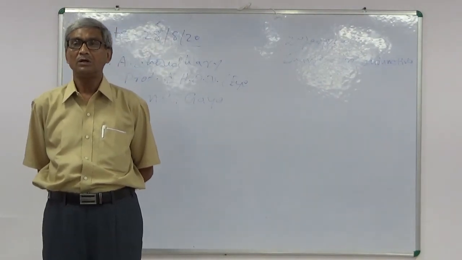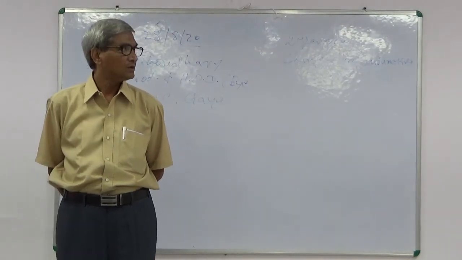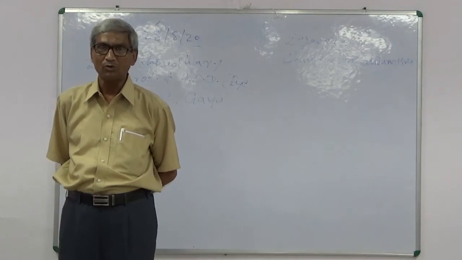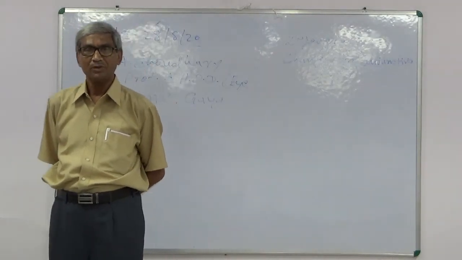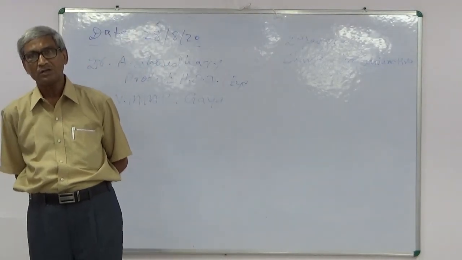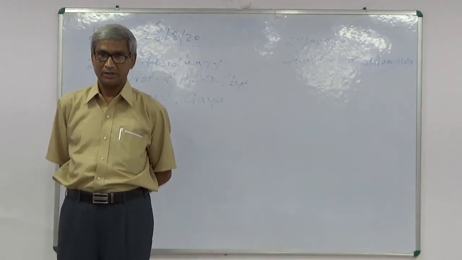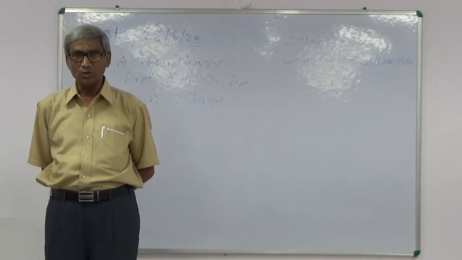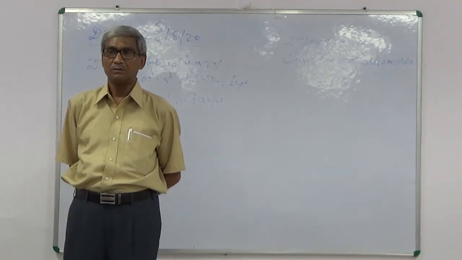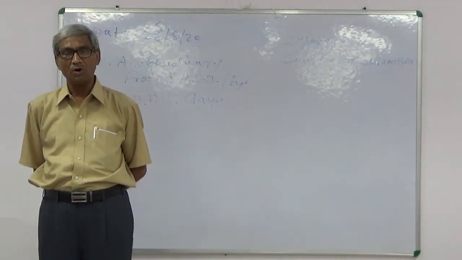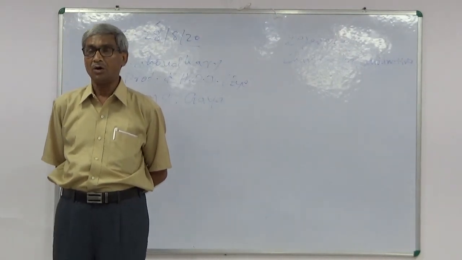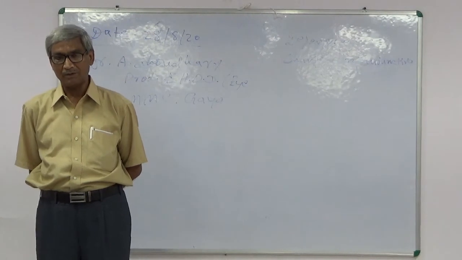Now, pinguecula. It is a small yellowish white nodule. Pinguecula is a small yellowish white nodule appearing on the bulbar conjunctiva.